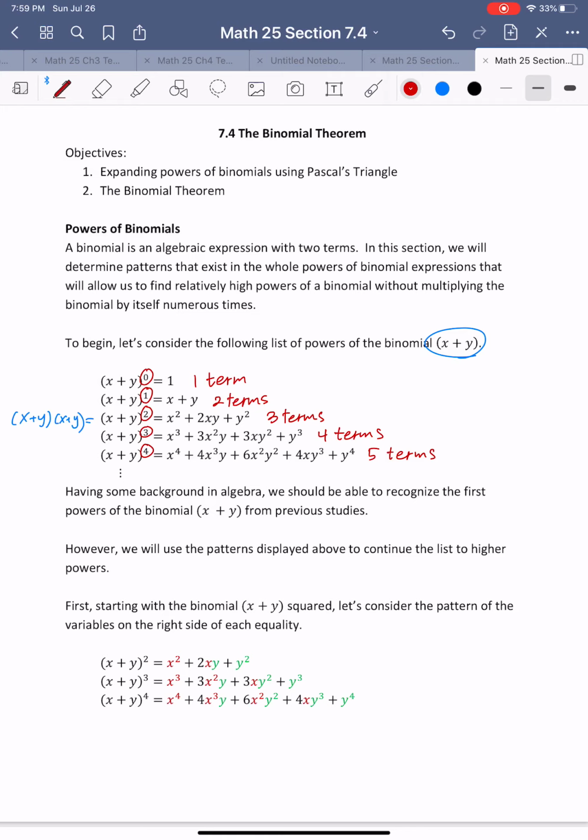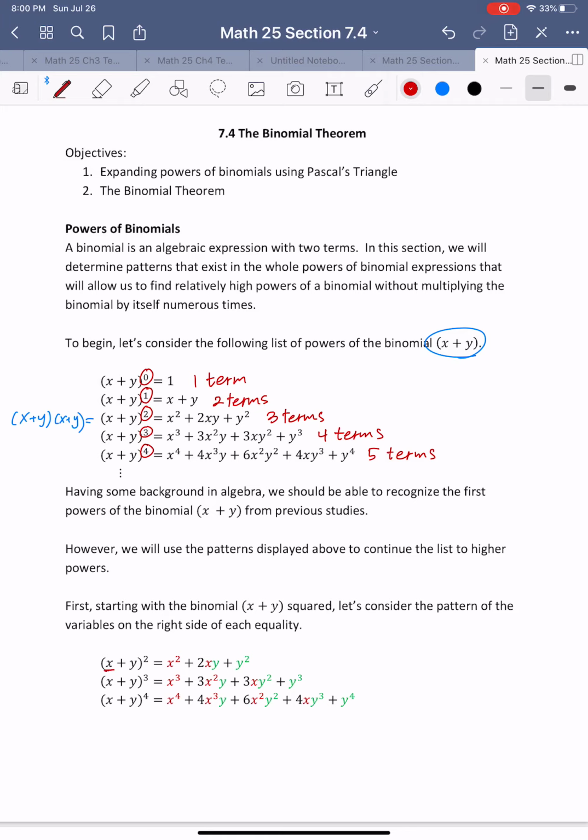Having some background in algebra, we should be able to recognize the first powers of the binomial x plus y from previous study. However, we'll use the patterns displayed above to continue from the lower to higher powers. First, starting with the binomial x plus y squared, let's consider the pattern of the variables on the right side of each equality.